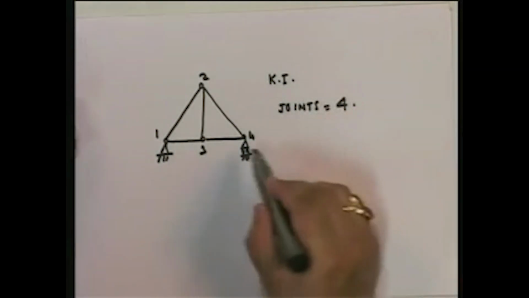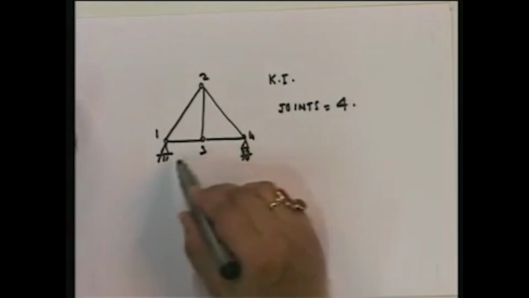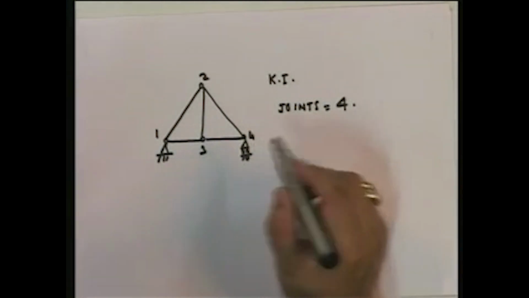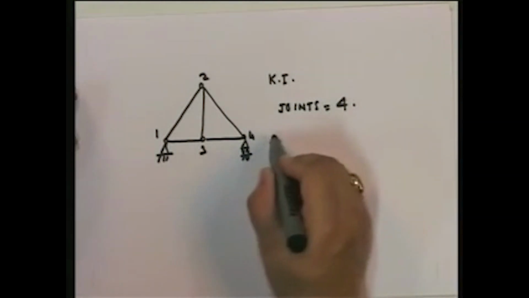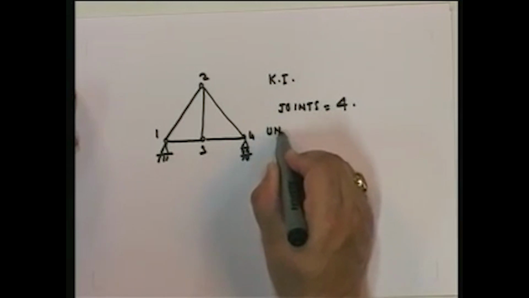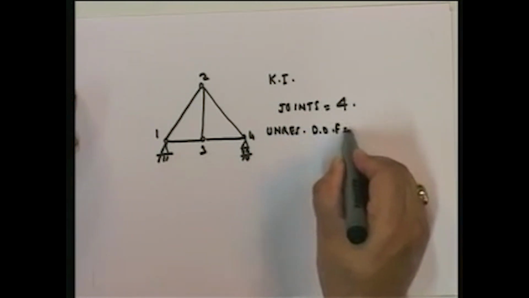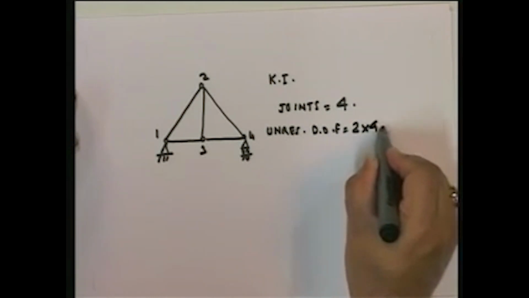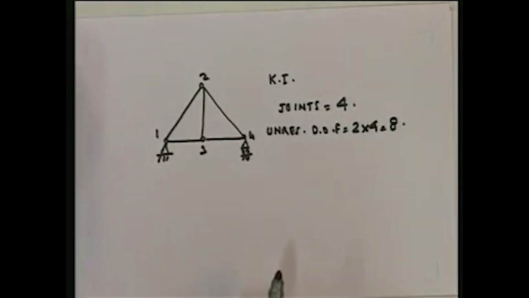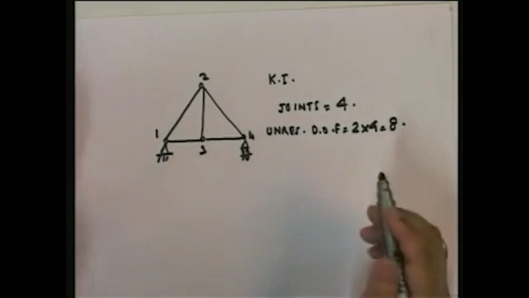Okay? So, what are the degrees of freedom per joint? For a planar truss, 2 degrees of freedom. So, what is the total number of unrestrained degrees of freedom? Unrestrained degrees of freedom is equal to 2 into 4, 8. Okay. So, that is the unrestrained degrees of freedom.